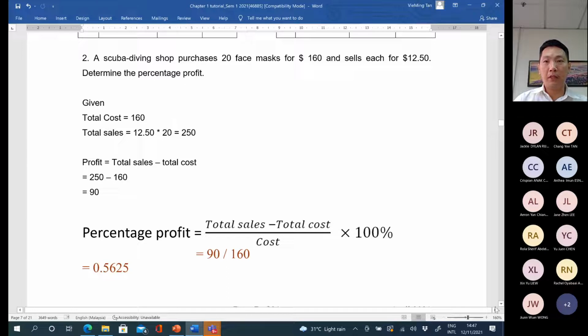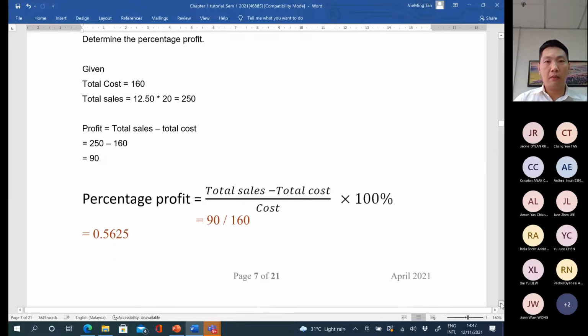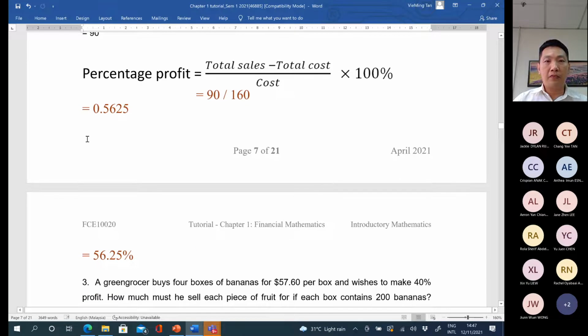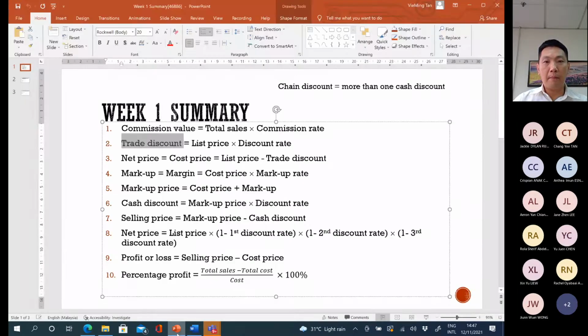Okay, now quite direct. You can just simply use this formula, right? The formula number 10. When the question asks you to calculate the percentage profit, then you use total sales minus the total cost, divided by total cost, multiply 100%, and you can get the answer directly.